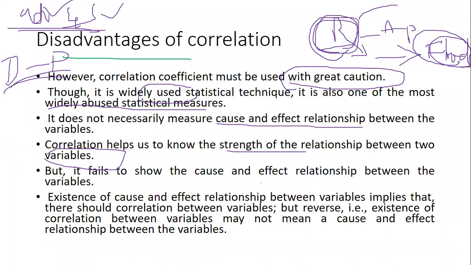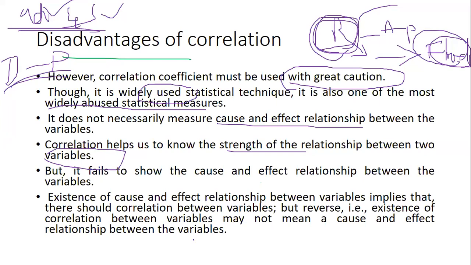But it fails to show the cause and effect relationship between the variables. So it will show us the strength of the variable, what is the power that it has to change the other variable, but it will not necessarily show the cause and effect relationship of the variables totally. So that is one of the disadvantages.